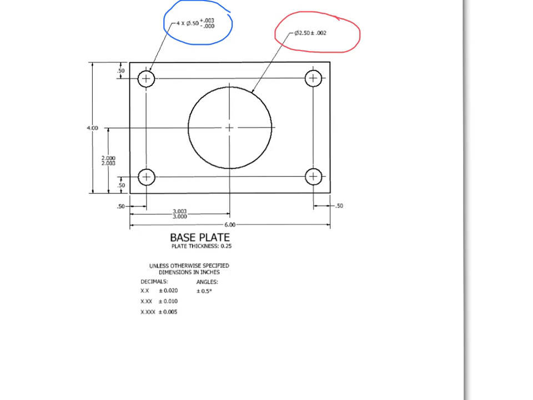This particular hole can only be increased. It is acceptable if it is between 0.500 and 0.003 greater, in that range. It can be a little tiny bit bigger, but it cannot be any smaller. So that's how you should read that, and that is a unilateral tolerance.